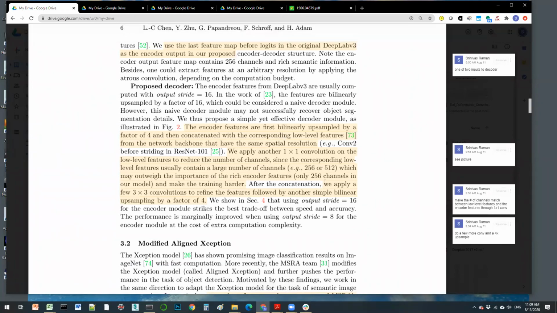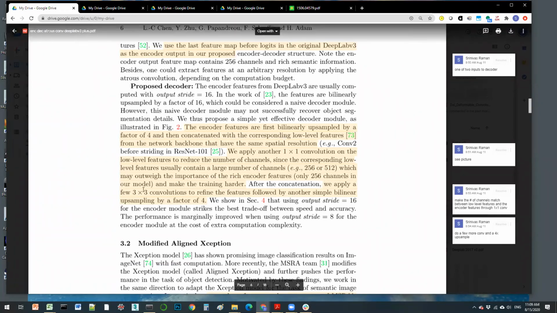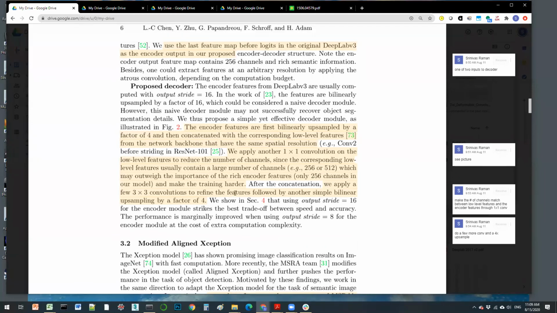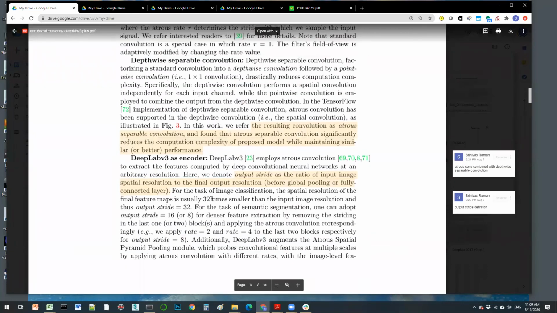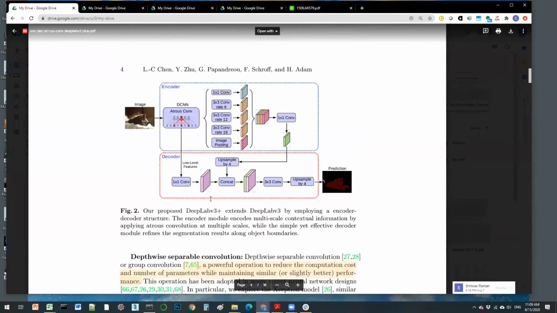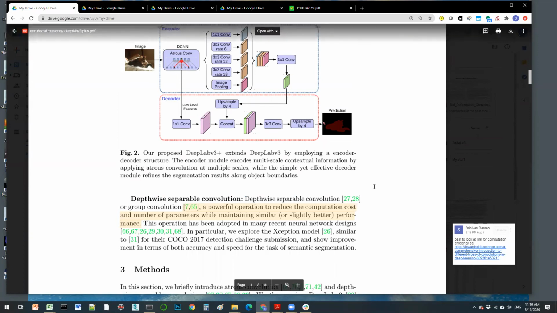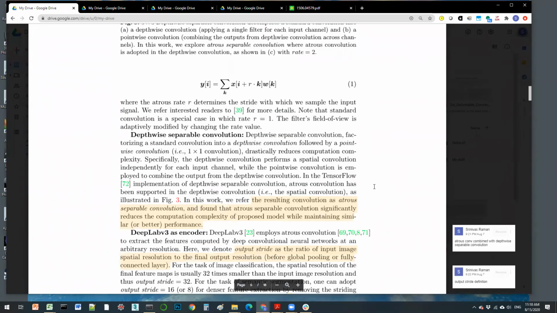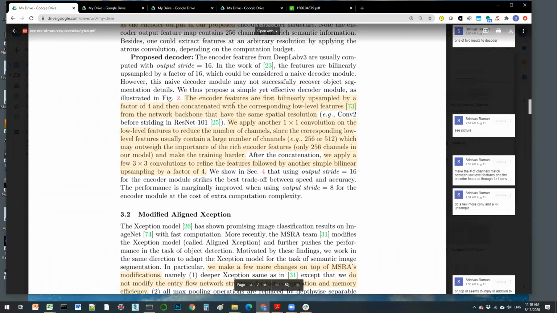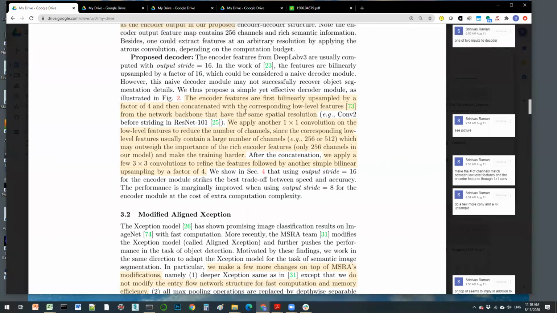And then after the concatenation, you apply a few 3x3 convolutions to refine the features, followed by another bilinear upsampling by a factor of 4. So what they are describing is not just a single 3x3, but a few 3x3s. And then when it is upsampled by 4, it gives you the prediction. So that's the description of what's going on in the picture up above.